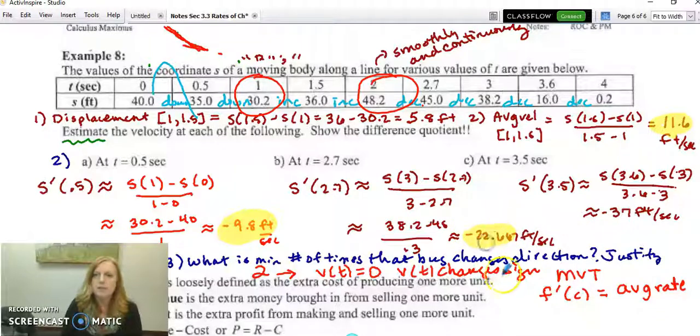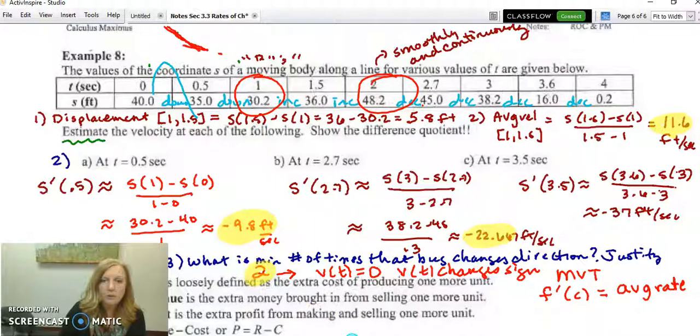We're back to a negative average rate, from 2.7 to 3, negative 22.667. So I know that my velocity has changed sign from negative to positive to negative. That gives me the guarantee by the mean value theorem that there are 2 places at which the bug changed direction. I don't know what those 2 places are, but it definitely changed direction at 2 places.